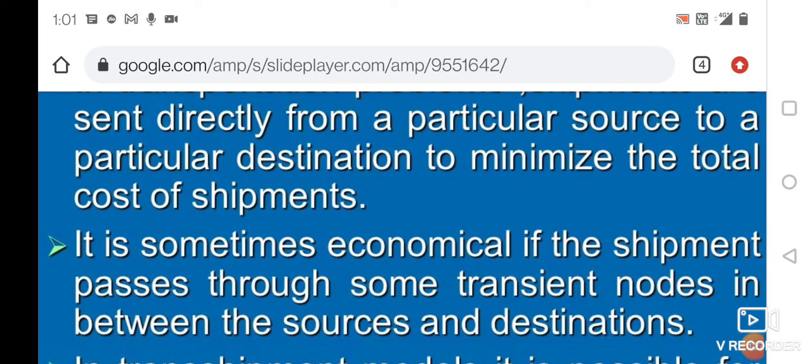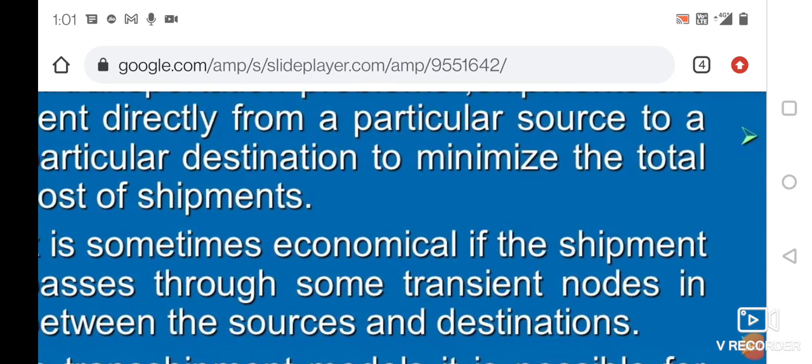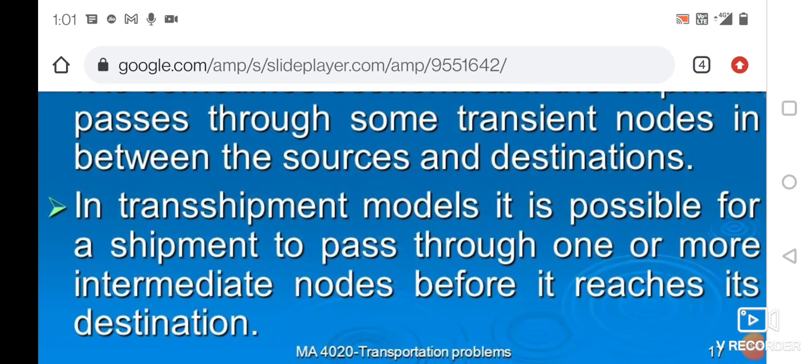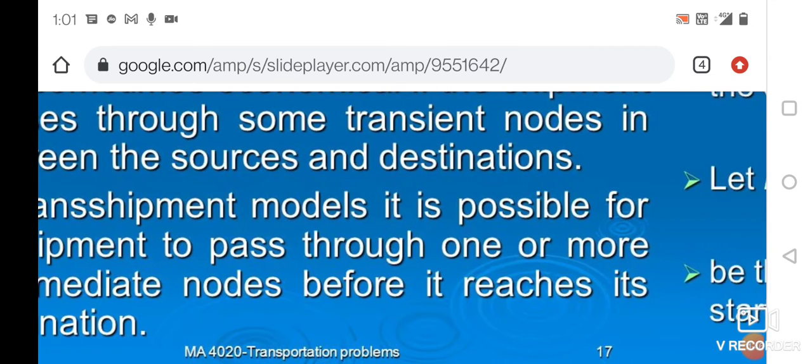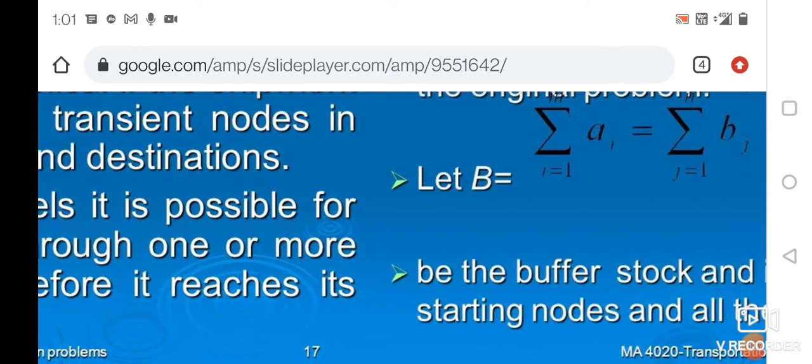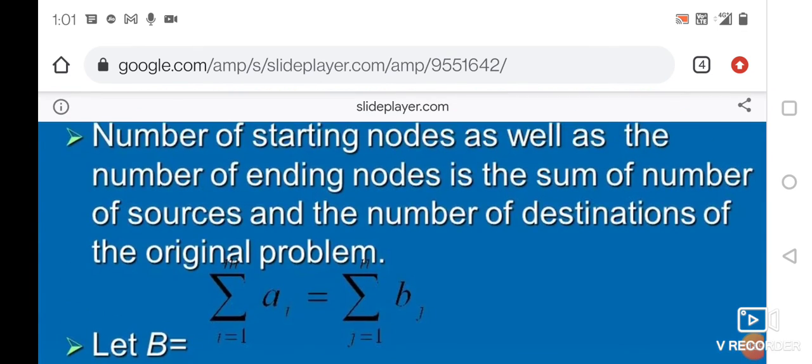That means it is sometimes more economical if the shipment passes through some transient node in between the resources and destination. In transshipment models, it is possible for a shipment to pass through one or more intermediate nodes before it reaches its destination.